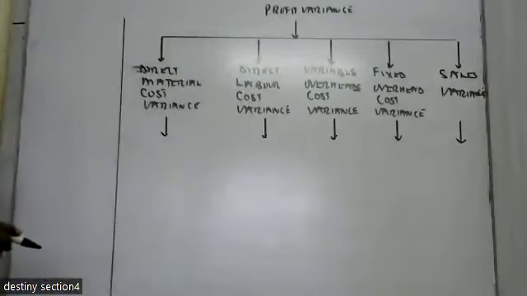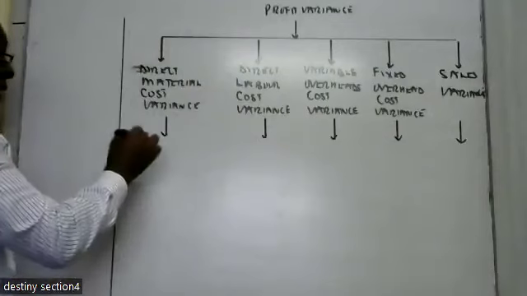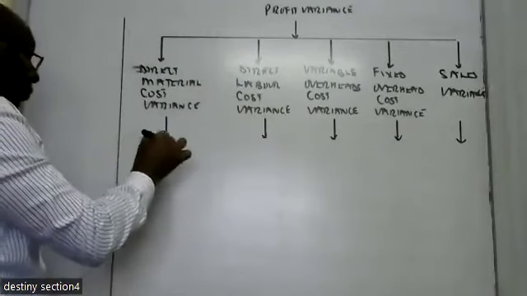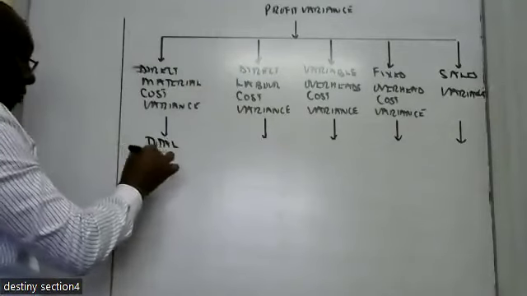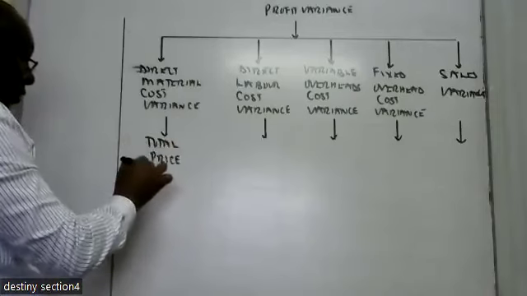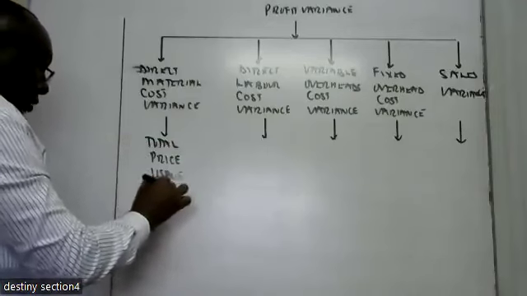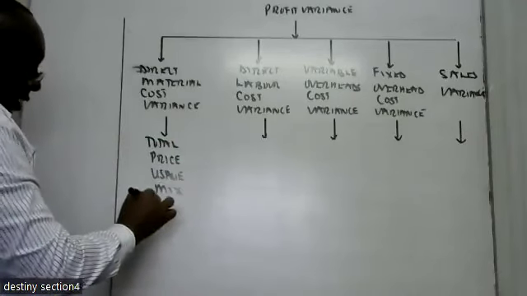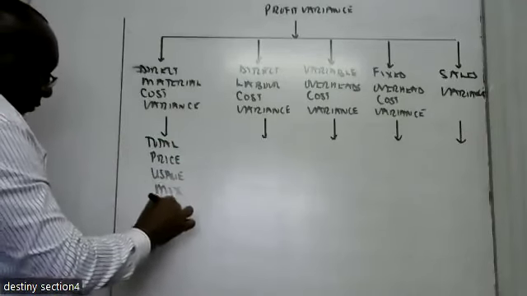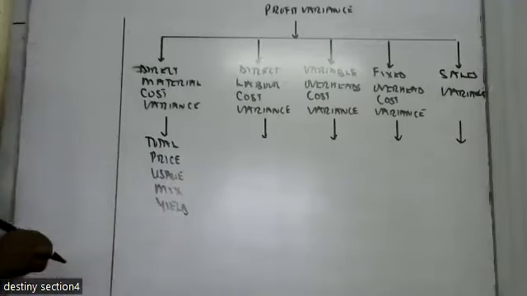Now, when we are in materials, we have the total, another is called price, another usage, another mix, and another yield. Those are the ones that you'll find under materials.